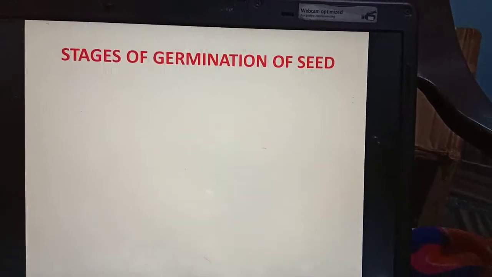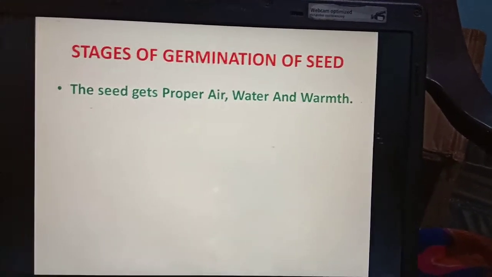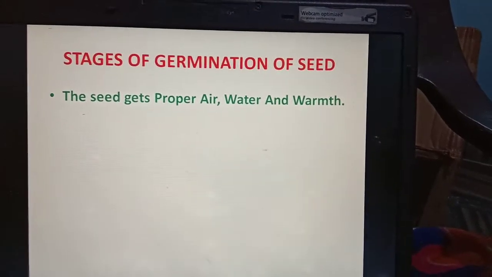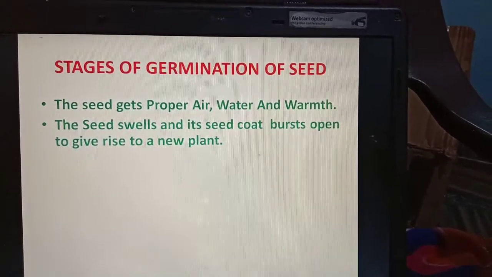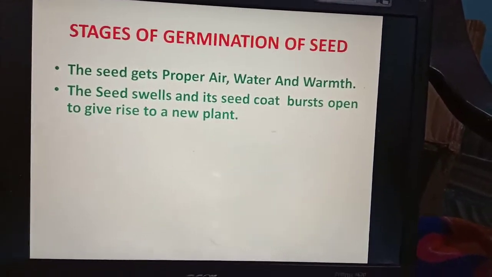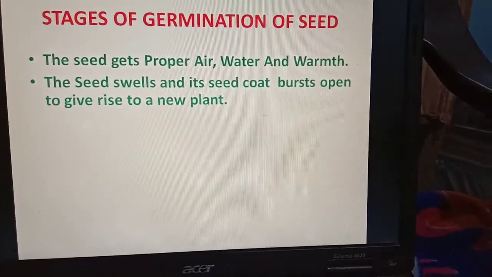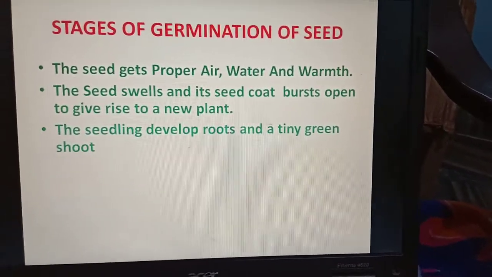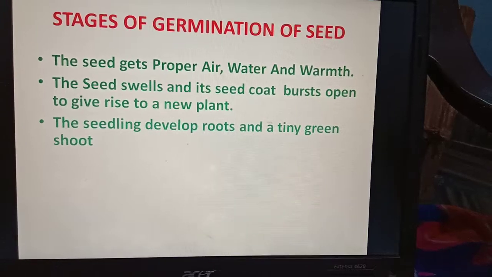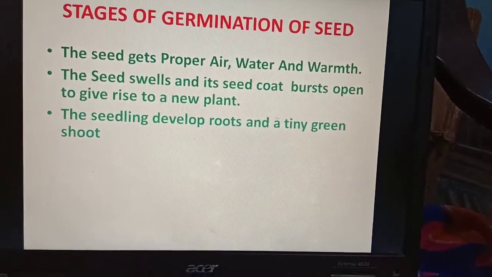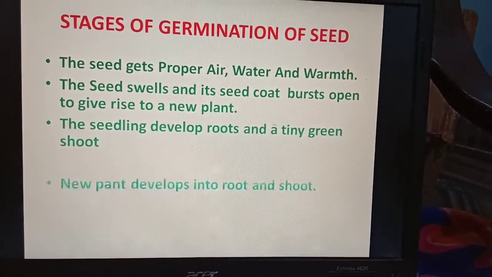Stages of germination of seed. The seed gets proper air, water and warmth. The seed then swells up and its seed coat bursts open to give rise to a new plant. The seedling develops a root and a tiny green shoot comes out.